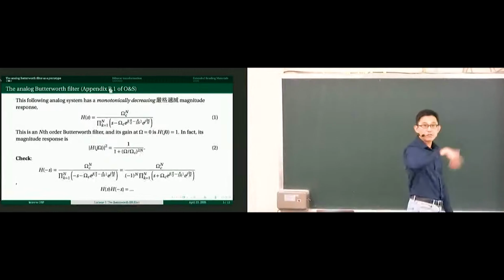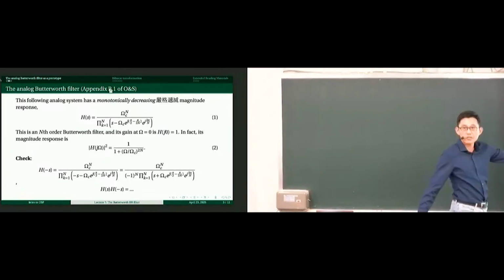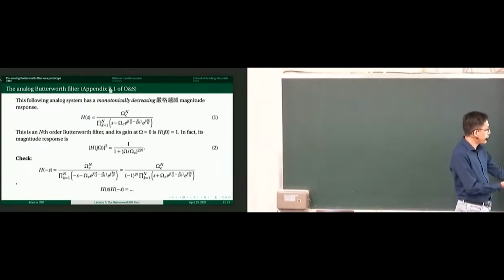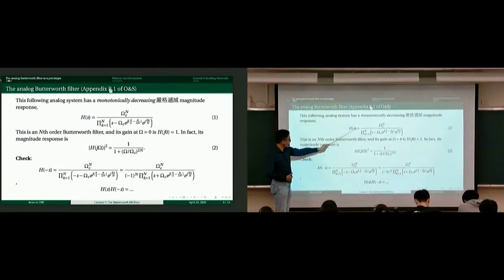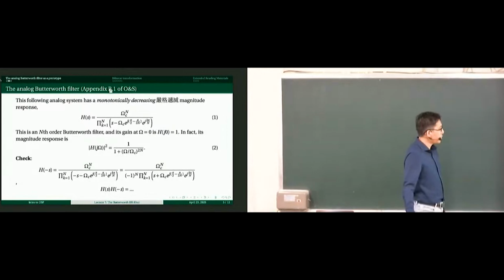Make n bigger, you get a faster transition, okay? And you can check that. Last week, we spent much time on checking why this is the case. This is not that trivial, but n could be even, n could be odd. This expression is valid for both cases. So we have checked that if you just place poles like that around one circle, you get this very nice monotonically decreasing magnitude response.